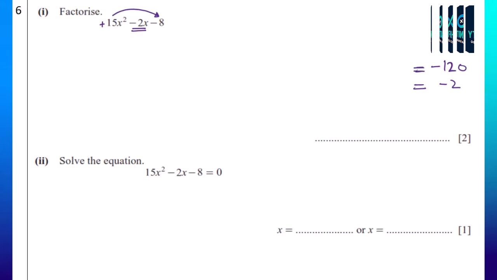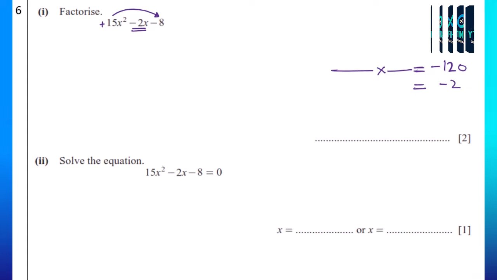We have to think a lot to make the factors. What two numbers, when you multiply them, the result should be negative 120, and when you add or subtract them, the result should be negative 2? So 10 times 12 is 120.